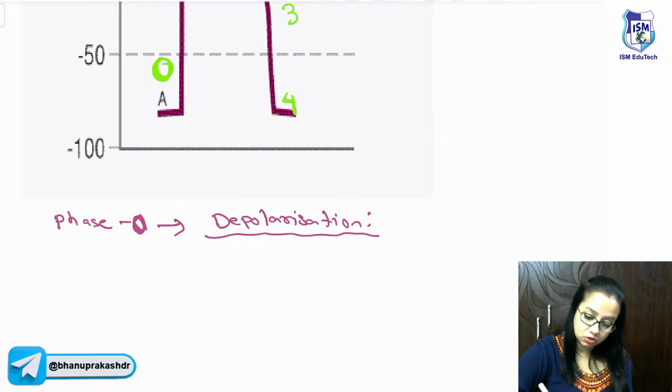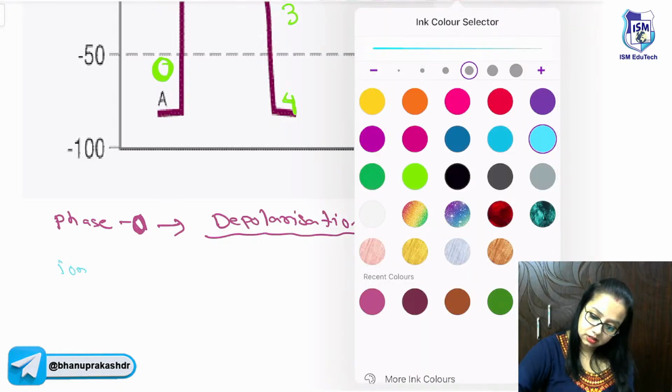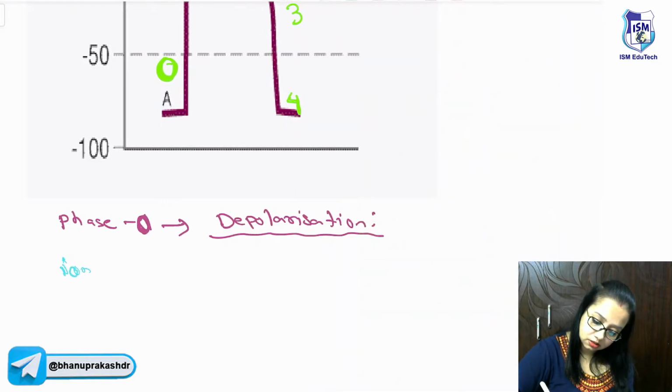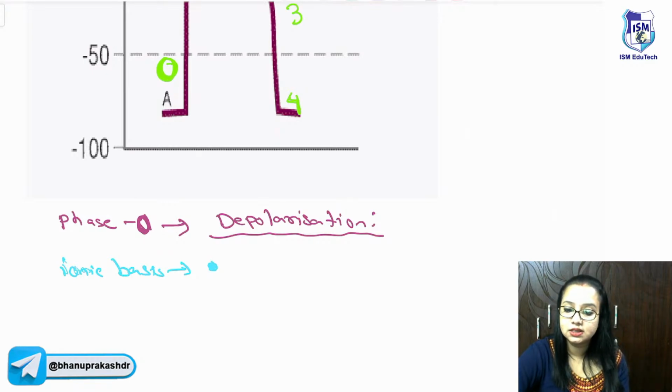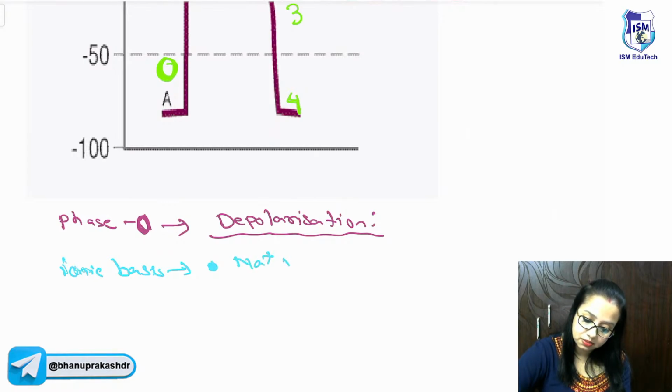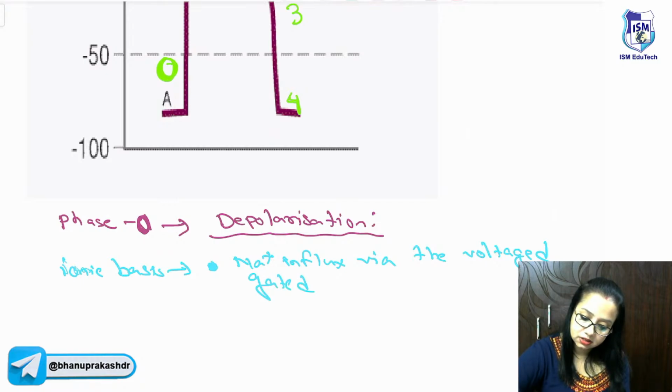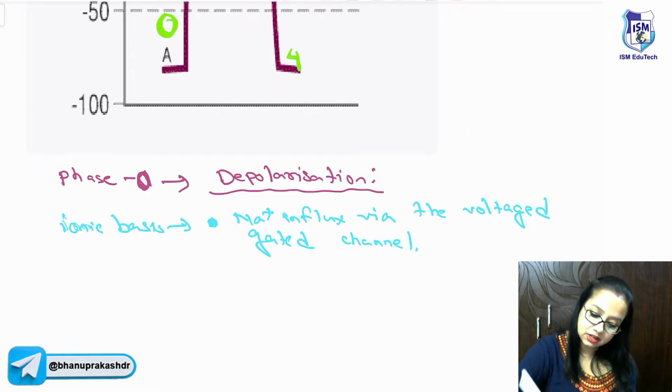Now, what is the ionic basis of it? The ionic basis is the same as what we studied in the nerve cell and the muscle cell. It is sodium influx via the voltage gated channel.